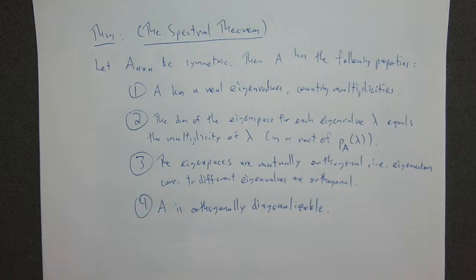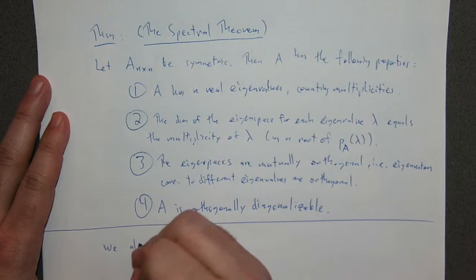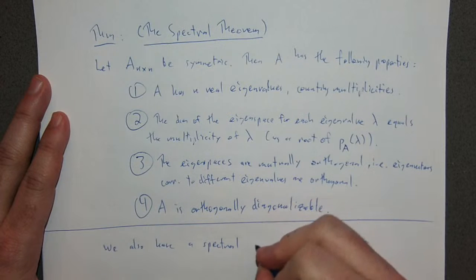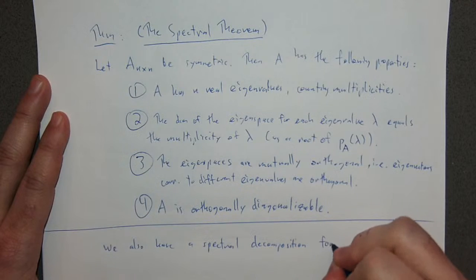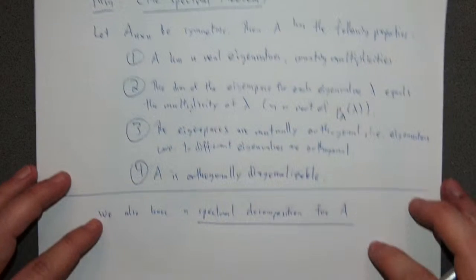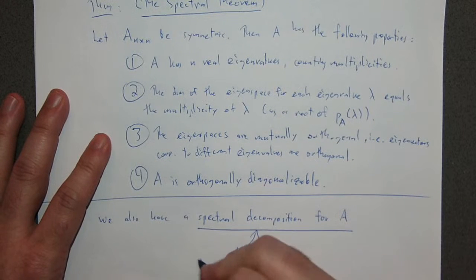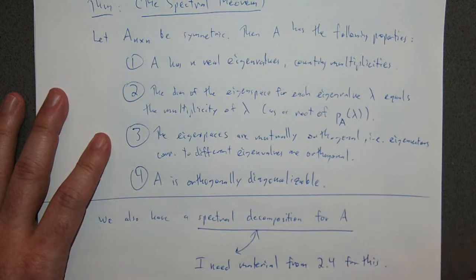So in addition to these nice facts, we also have a spectral decomposition of A. But to understand this, I need material from 2.4, or else it doesn't really make sense.